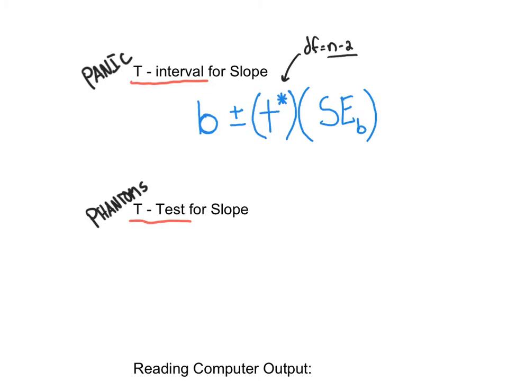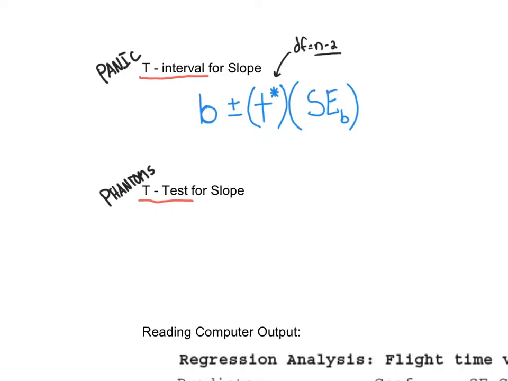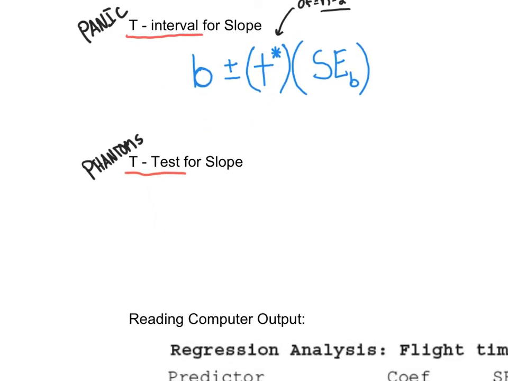So it looks the same as it used to be, and that will create our interval. As long as we do the assumption checks, we show this, calculate it, we are 95% confident that the true slope is somewhere between here and here, right?